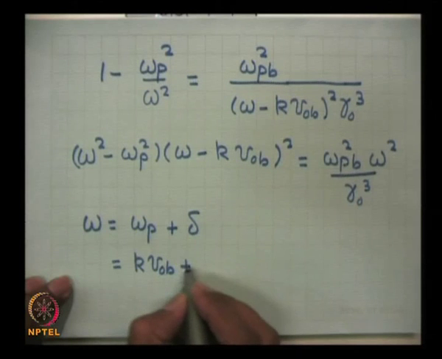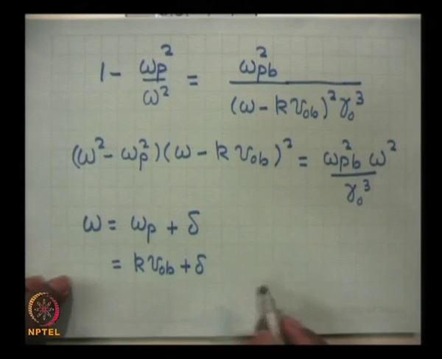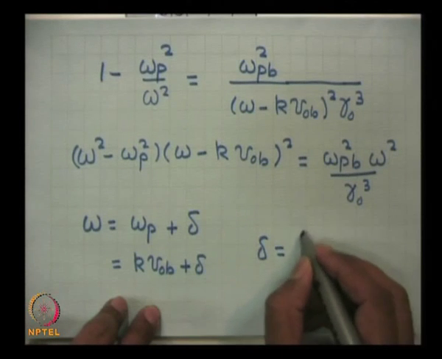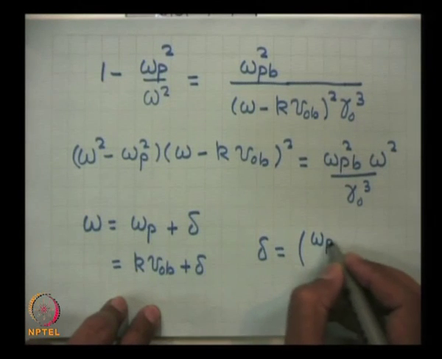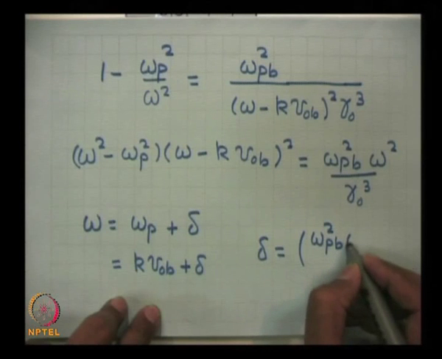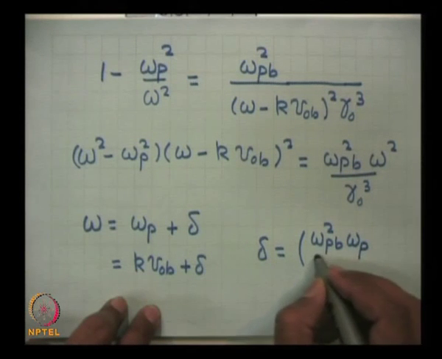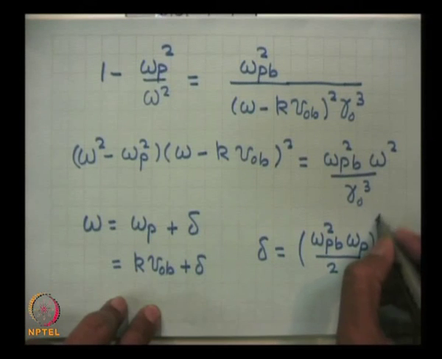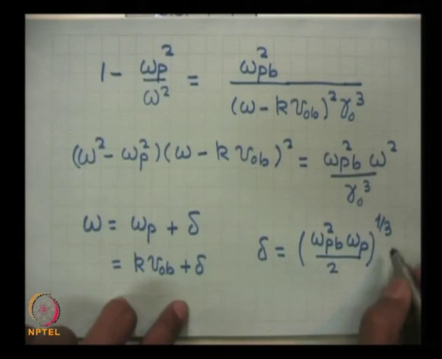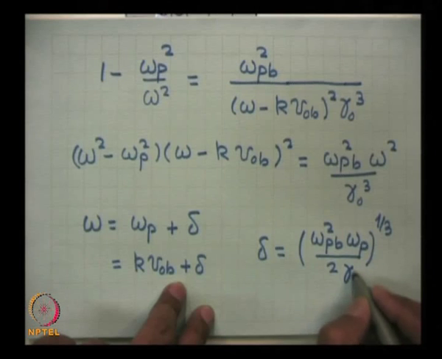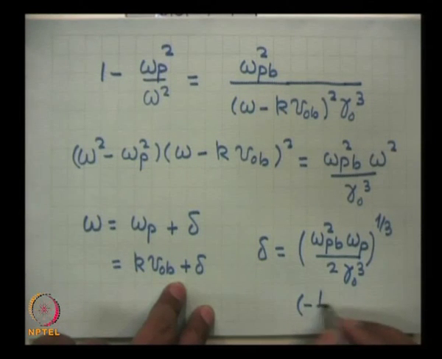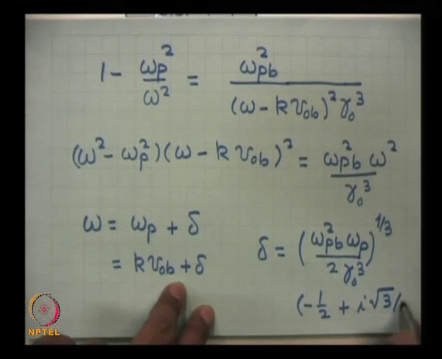In this case, this equation gives you delta is equal to omega pb square into omega p upon 2 to the power 1/3, and for the unstable mode this into gamma 0 cube is there, multiplied by minus half plus i root 3 by 2.